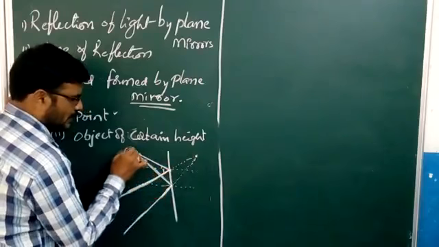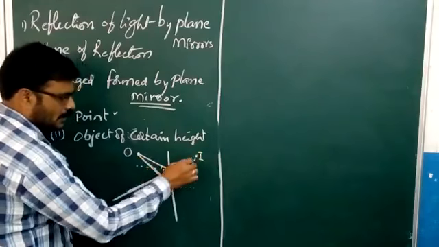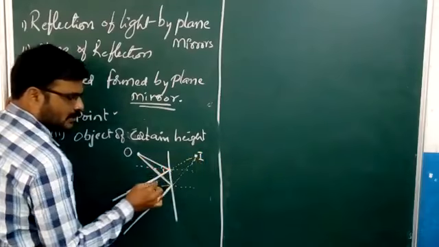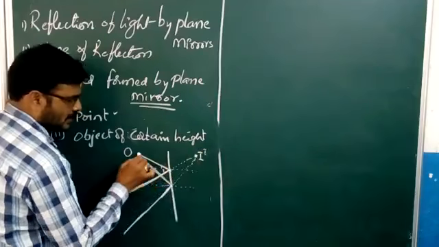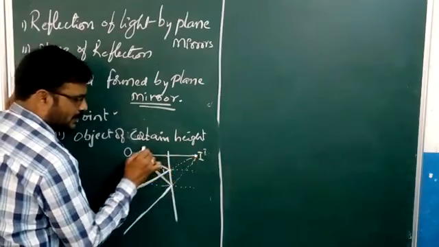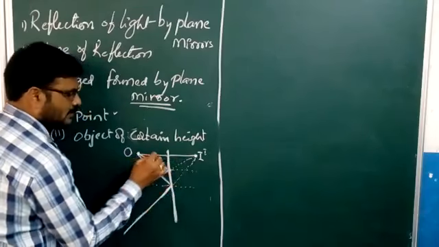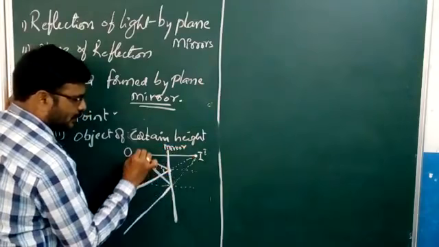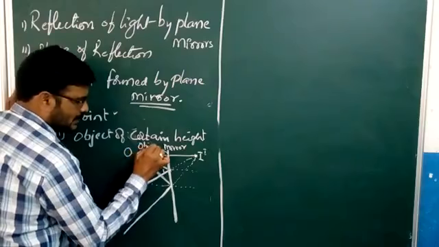So if O is the object, these 2 lines appear to be coming from this point over here, and therefore this becomes your image. If you observe this distance, this is your mirror. The distance from the object to the mirror is called the object distance.